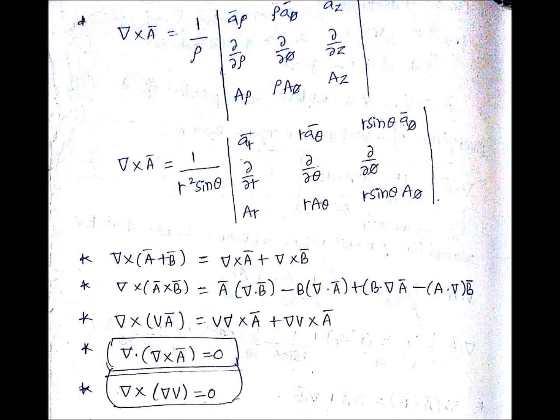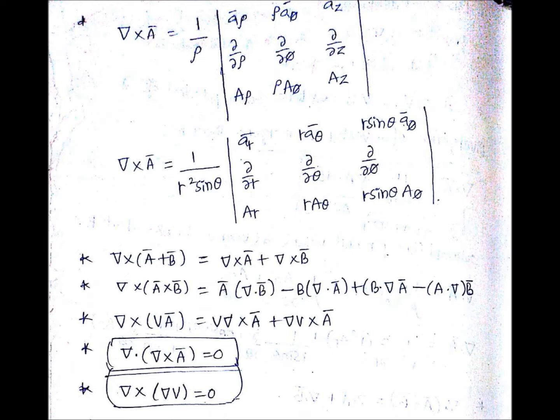That you need to substitute here, but you need to divide that whole with the rho. You just observe that. Then curl of a bar in spherical coordinate system is going to look like this. It should be divided by r square sine theta.